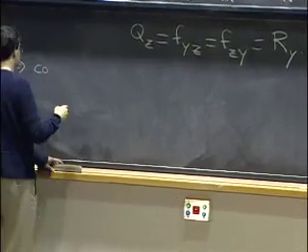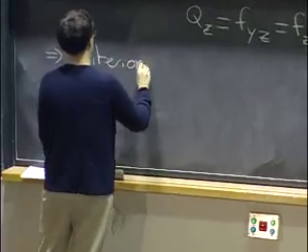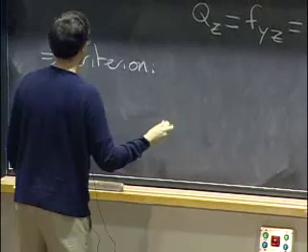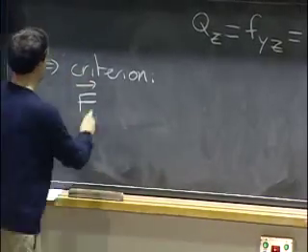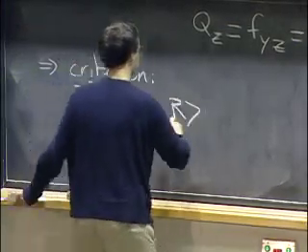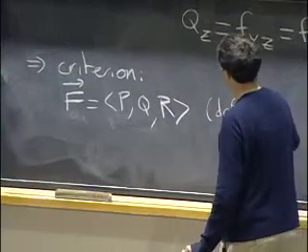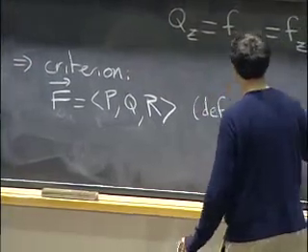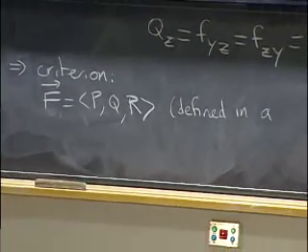So our criterion: a vector field F equals PQR. And here, to be completely truthful, I have to say defined in a simply connected region. Otherwise, we might have the same kind of strange things happening as before.